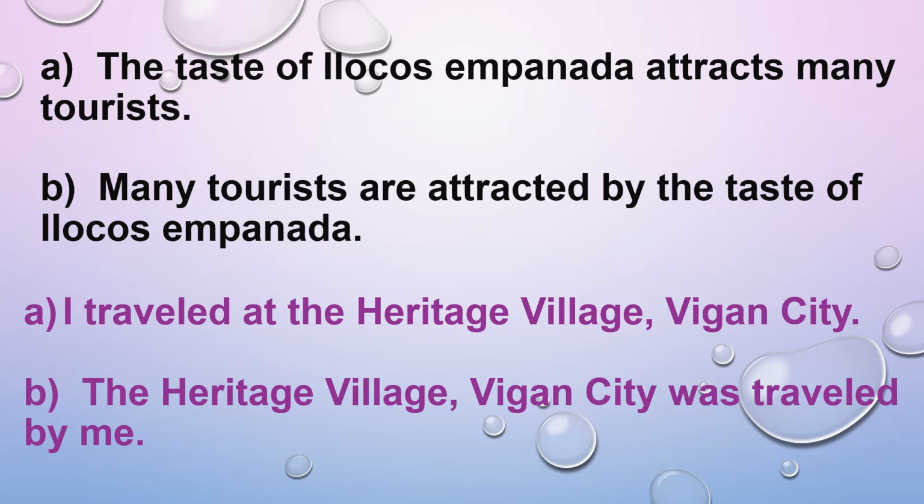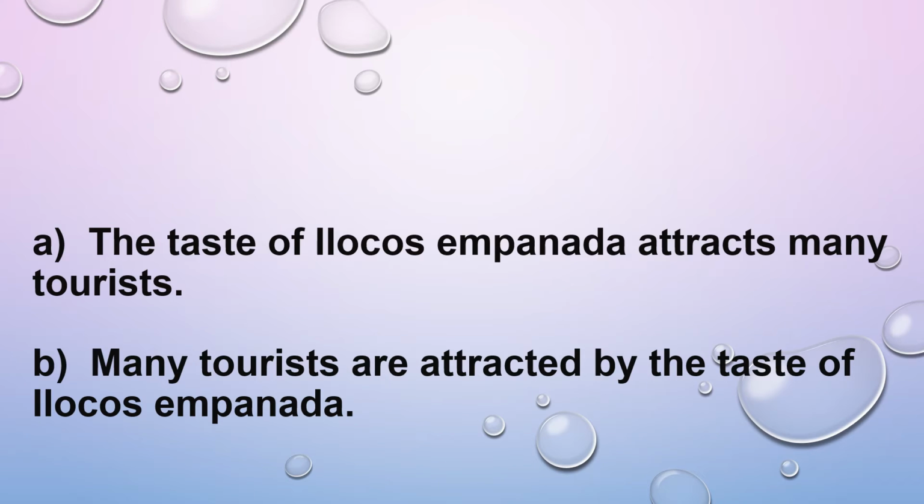So here, the sentences in black text are sentences about the Ilocos empanada, and the sentences in purple text are about the Heritage Village in Vigan City. Let's try the first set. So here it's all about the Ilocos empanada.